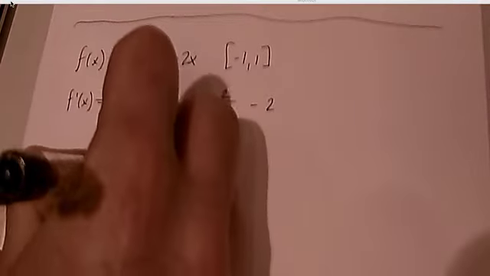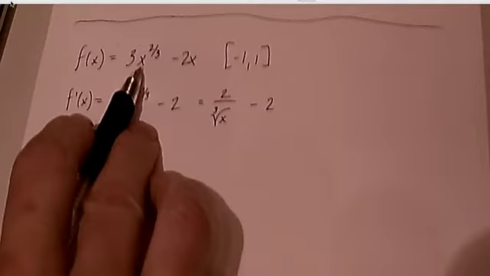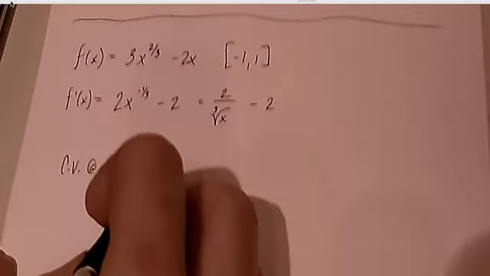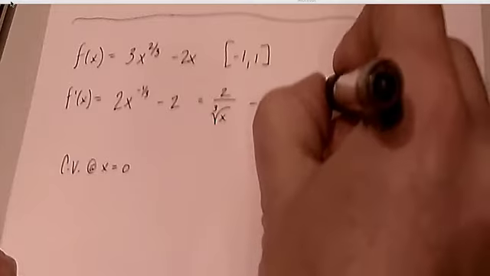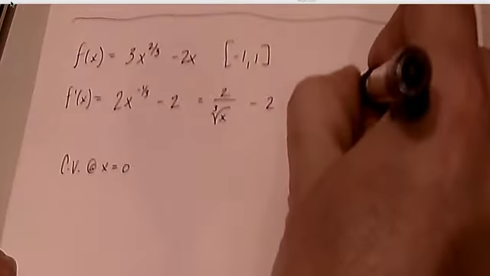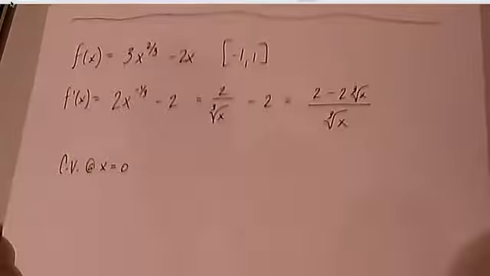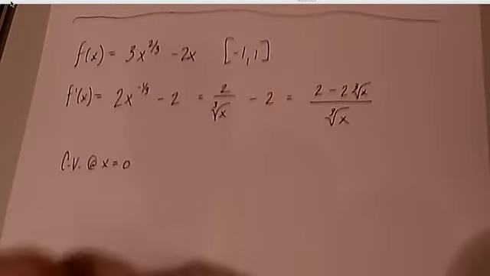I can already say there's going to be a critical value at x equal to 0, because that is a point at which the derivative is undefined, but the original function is defined. This is going to wind up being 2 minus 2 cube root of x, all of that over the cube root of x. I also know there's going to be a critical value at x equal to 1, because at x equal to 1, the numerator is equal to 0.